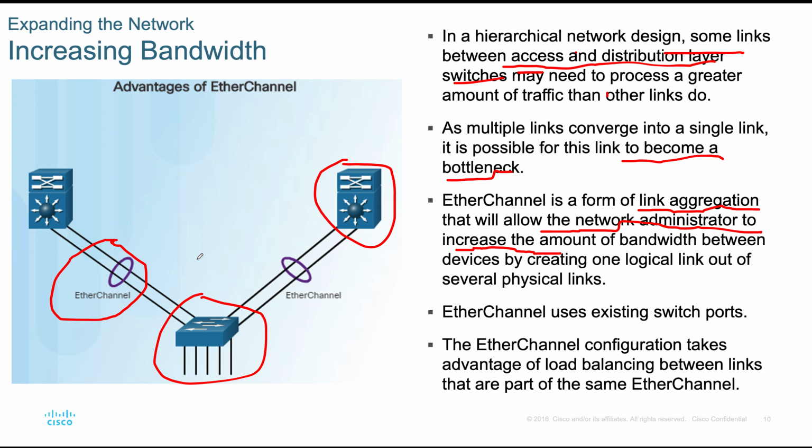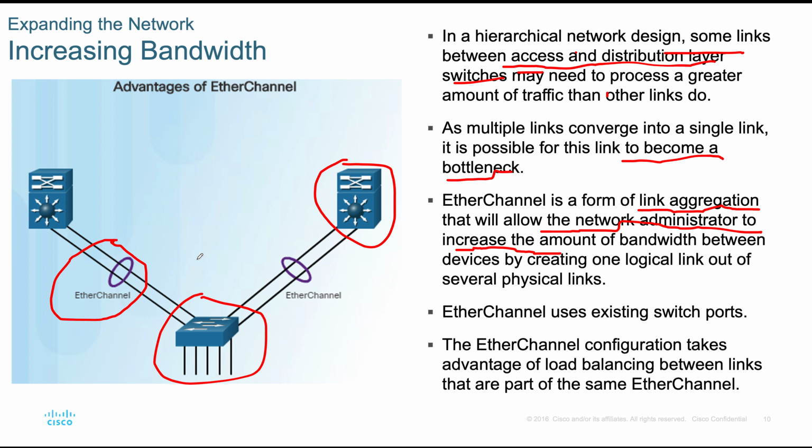Ether channel is a form of link aggregation. It will allow the network administrator to increase the amount of bandwidth between the devices by creating one logical link out of several physical links.